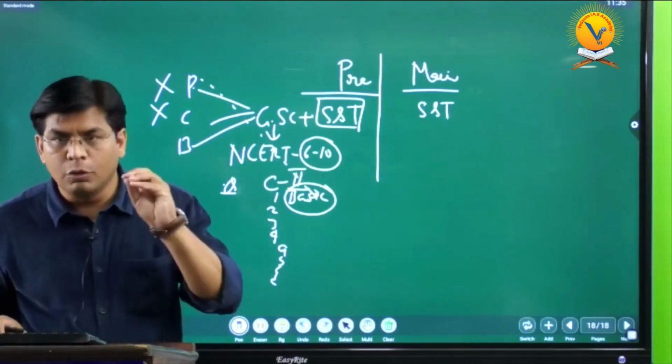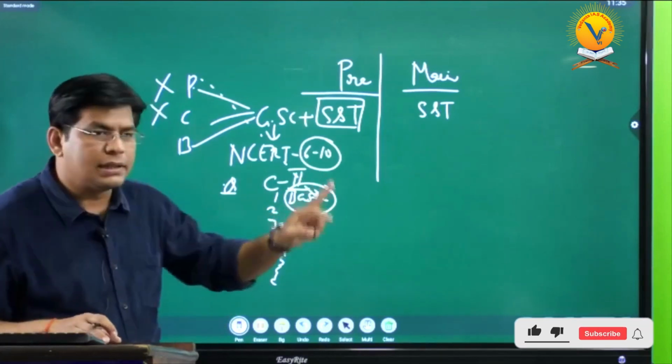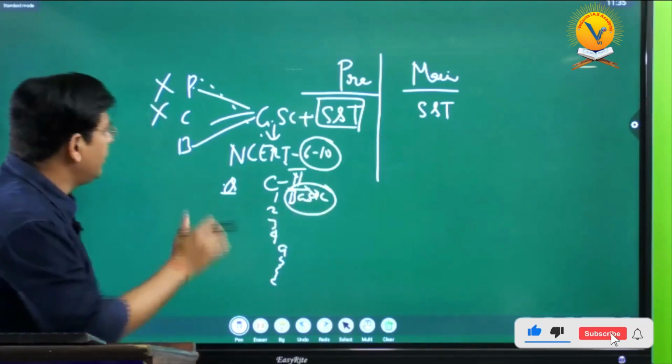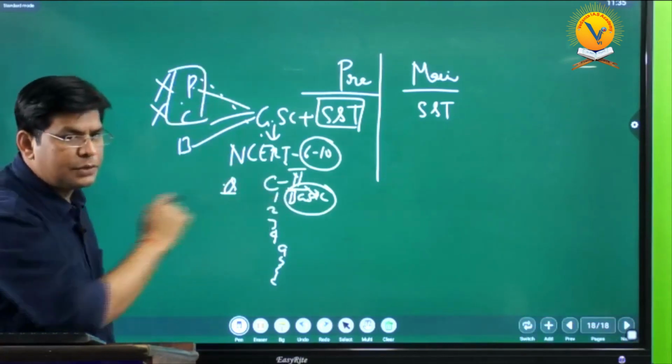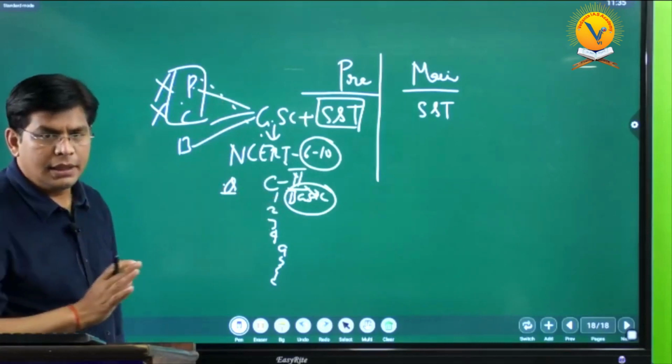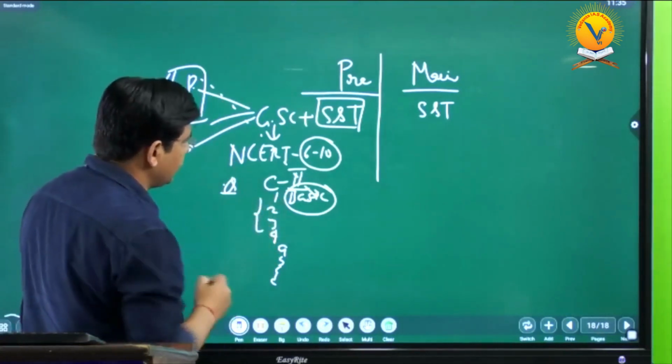But their focus is to ask the technological thing. In one, they can ask you the basics. This is the way physics and chemistry are covered in the prelims questions. This is clear?